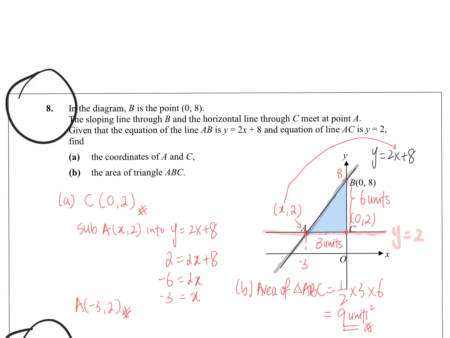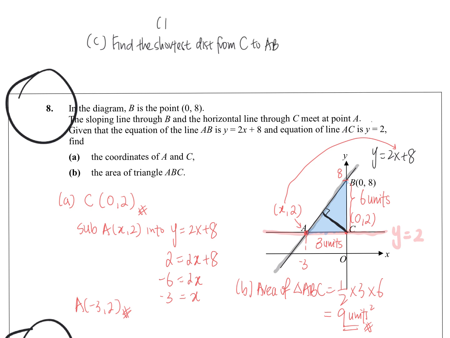Okay, so even for the area part, the only difficult question I can ask you is finding the shortest distance. So if I add in a part C, find the shortest distance from C to AB.